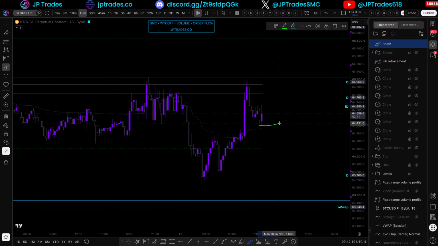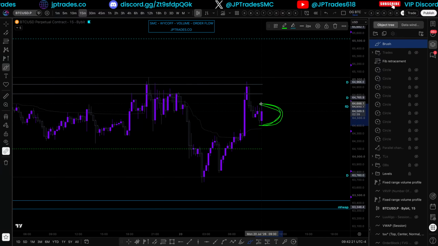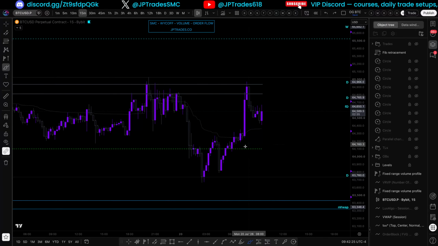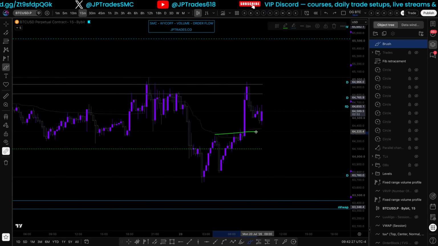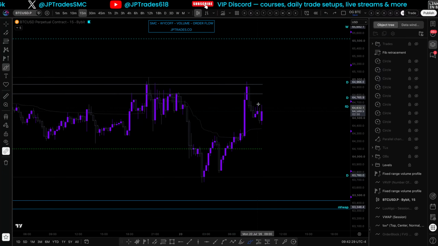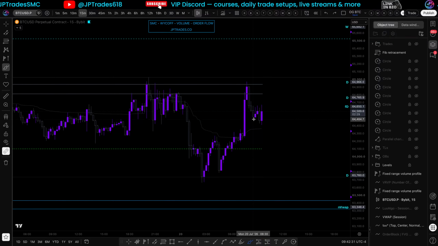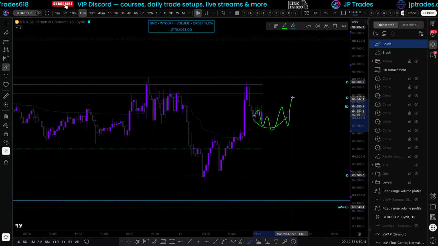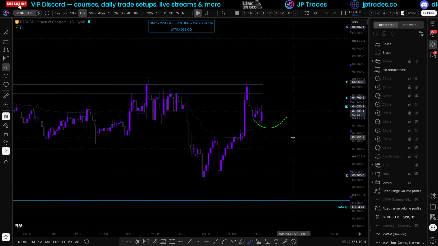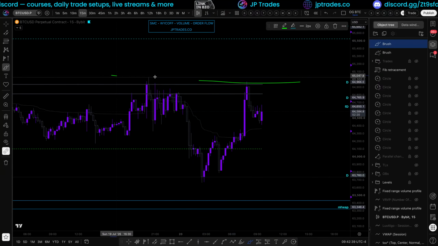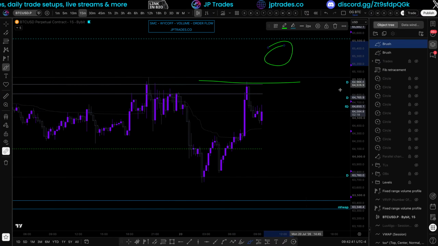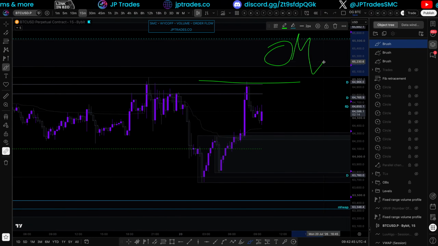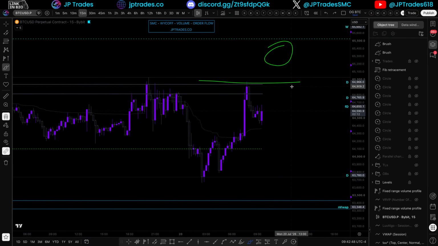So I'm not touching anything, of course, until we break this range here. This is just a chop fest. However, if you look at the formation, you're breaking some structure here, come back down. Maybe you're going to start forming what we always look for, that accumulation, that rounded bottom, to go ahead and take this high out, come into this order block that we have here, or sweep that daily, maybe put an SFP there.